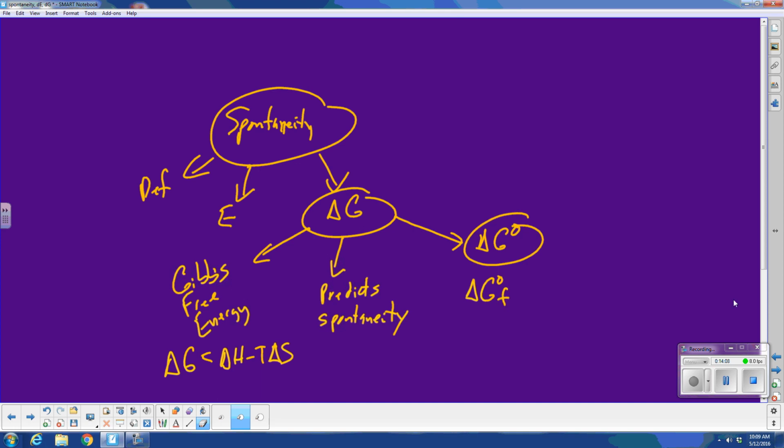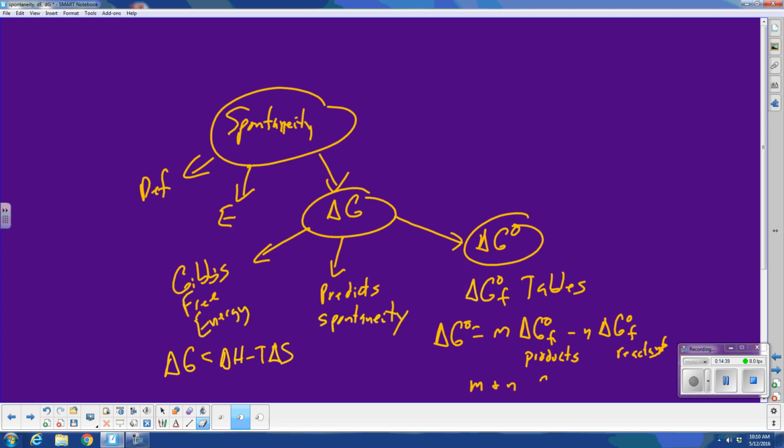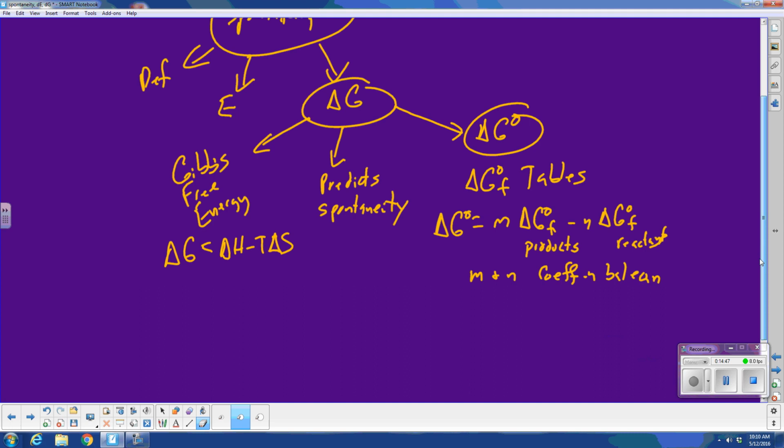There are things called delta G of formation tables, and these tables allow us to calculate delta G°, and the way we do this is delta G° is equal to m times delta G°f for my products minus n delta G°f of my reactants, where m and n are my coefficients in the balanced equation. All right, so that's the way I can calculate delta G°.